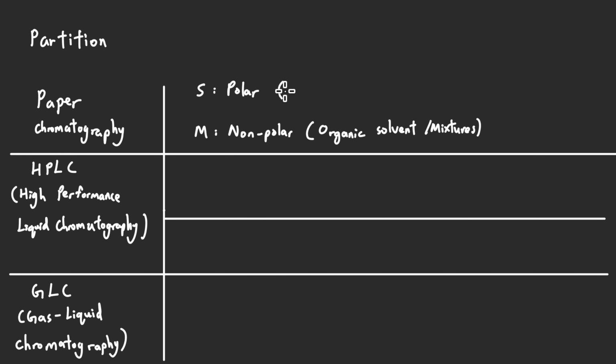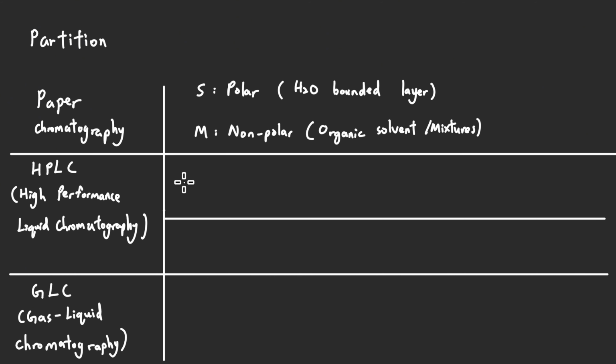In paper chromatography, the polar stationary phase is a bit unique, which is the H2O bound layer. So the water is stationary, it won't move due to some advanced technology. So it's known as the H2O bound layer.